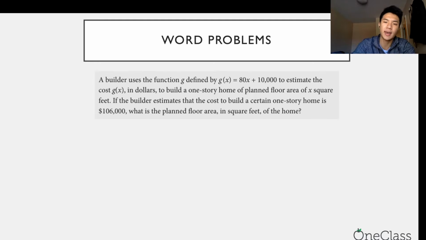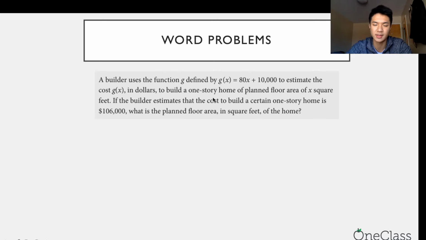And so looking at this type of question, it's fairly straightforward in that we're not going to be doing too much translation, right? The function g of x equals 80x plus 10,000, that's already given to us, which is great. So we're not having to deal with pulling all those pieces of information together to come up with a final answer.